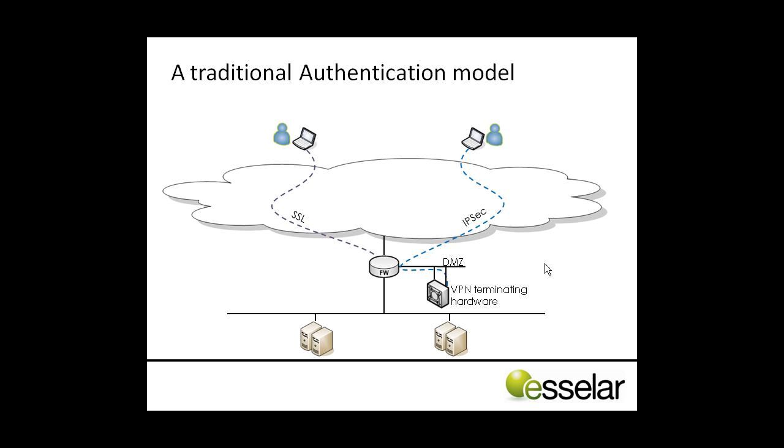They are asked to enter their two-factor authentication credentials, being a username, their PIN number, and a passcode. Those details are then passed off to the internal two-factor authentication servers, checked against whether those credentials are valid or not, and if they are, then those VPN sessions are allowed to establish to the VPN terminating hardware.